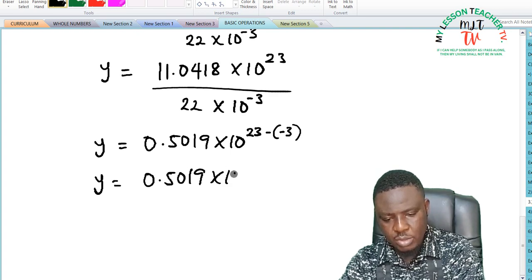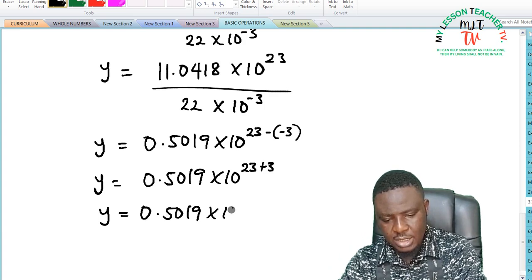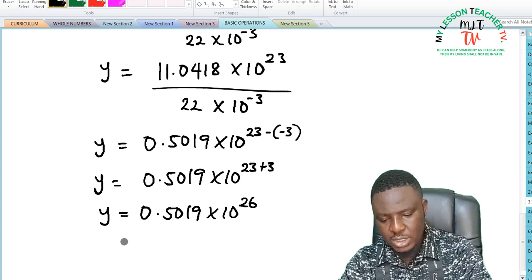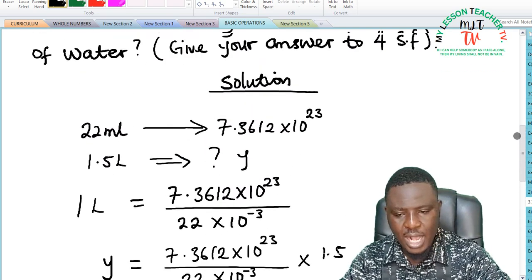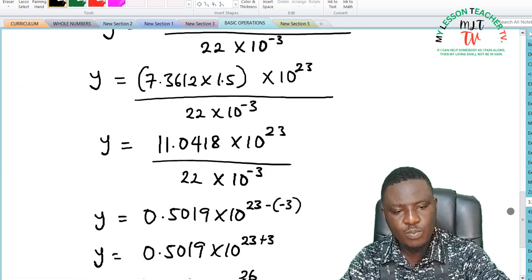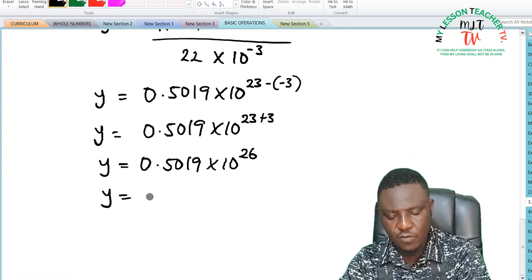0.5019 times 10 raised to the power of 23 plus 3, and our Y is equal to 0.5019 times 10 raised to the power of 26. Writing this in standard form, and we are asked to approximate it to 4 significant figures, which is already in 4.